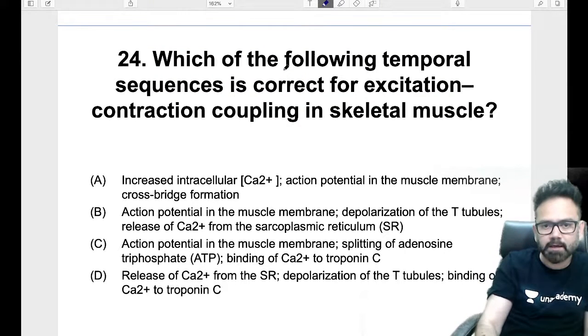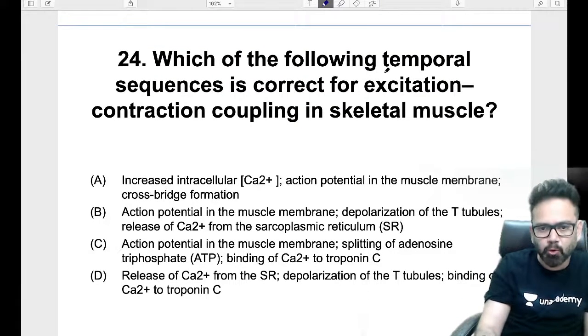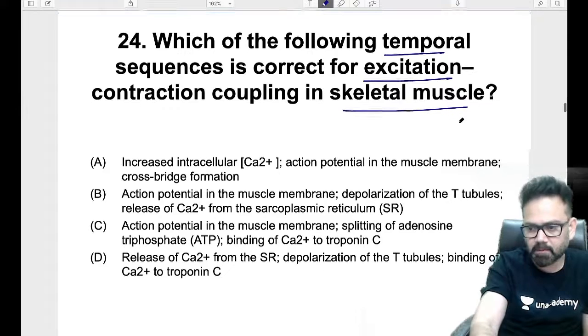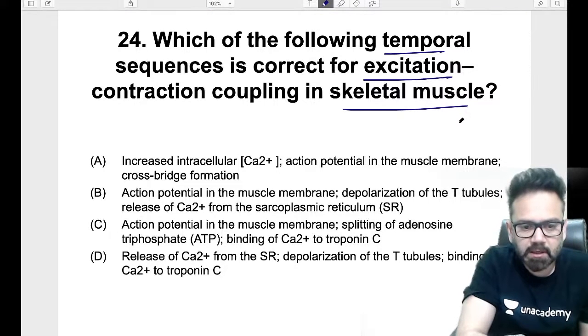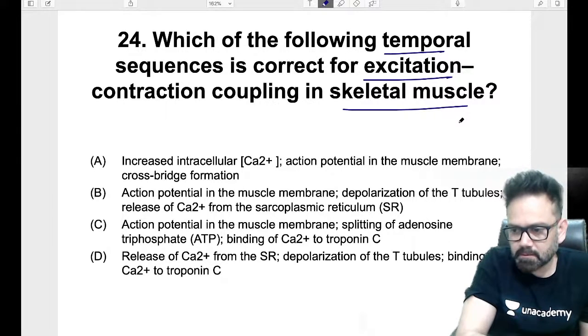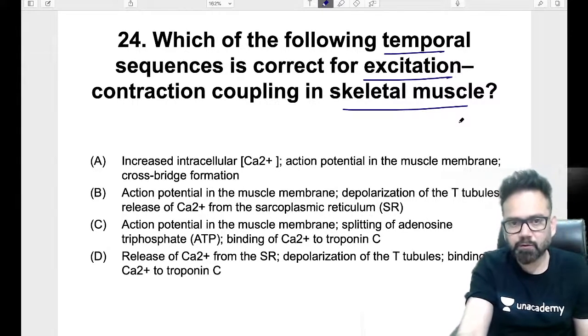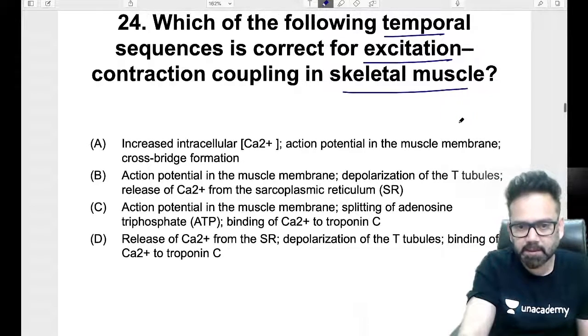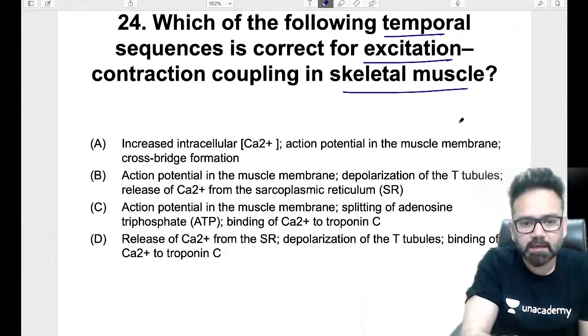Which of the following temporal sequences is correct for excitation contraction coupling in the skeletal muscle? Please read it and tell me the correct answer. You have 30 seconds to read it and tell me the correct temporal sequence of excitation contraction coupling.